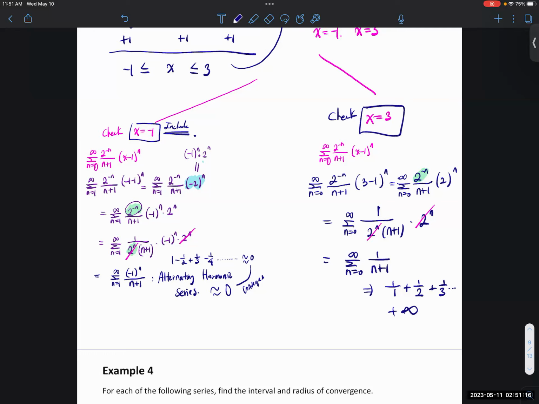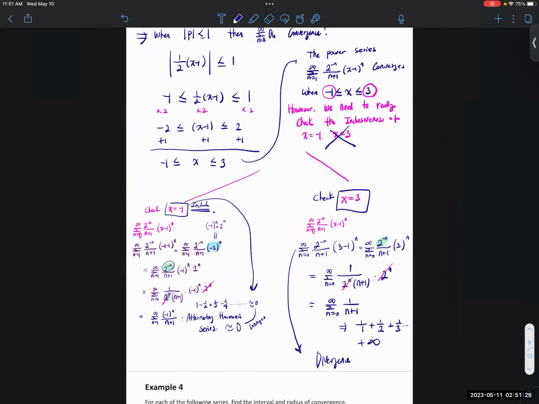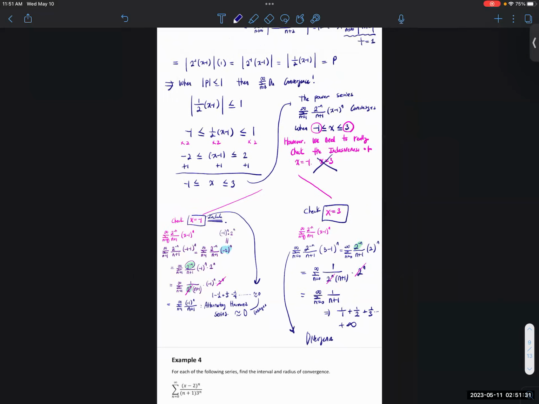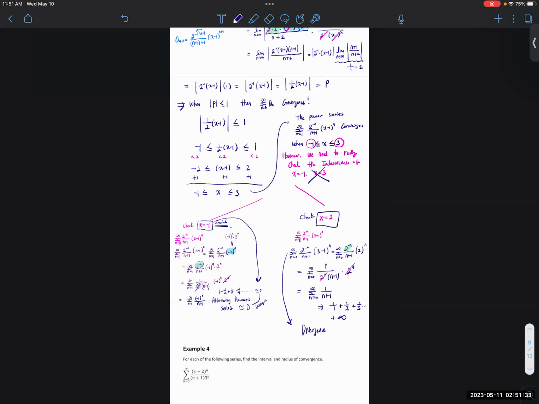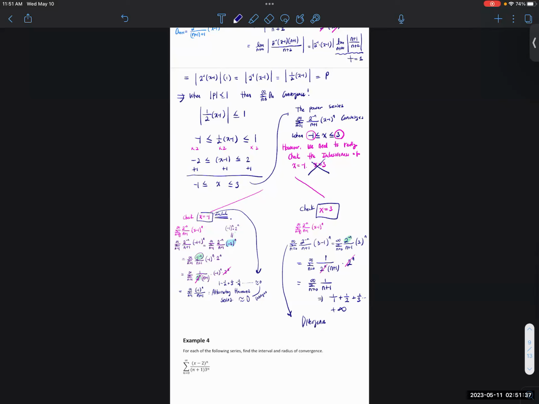When x equals 3, this power series is a divergence. When x equals -1, we found out it is a convergence. So you cannot include x equal to 3. We are only looking for the possible x's where this power series becomes a convergent series.